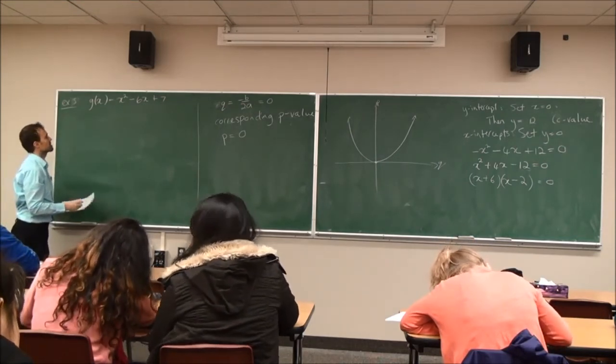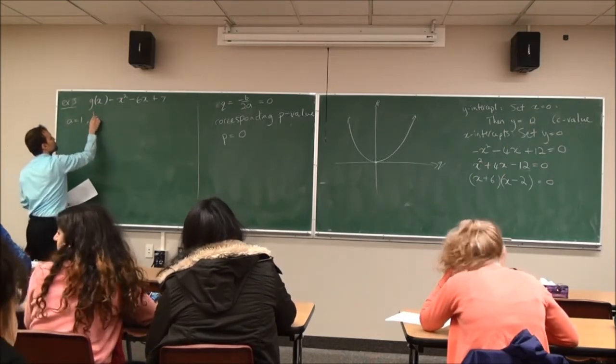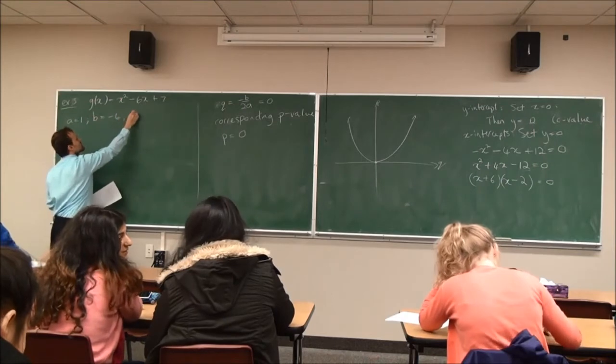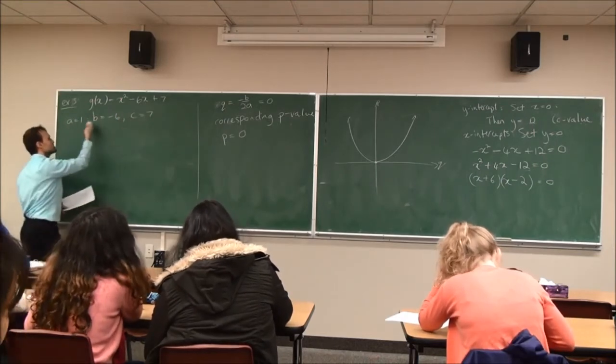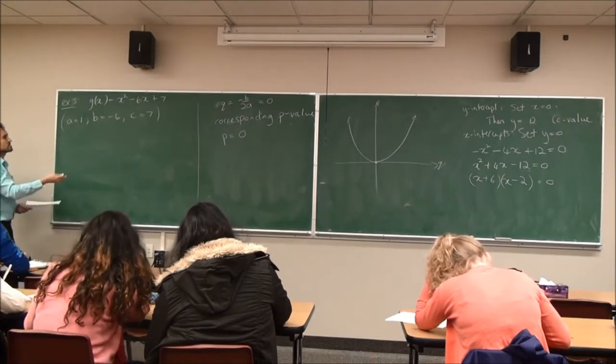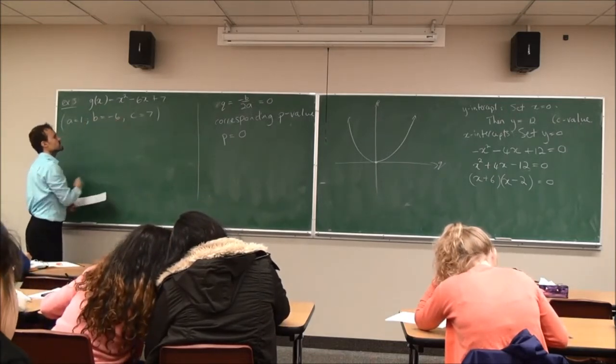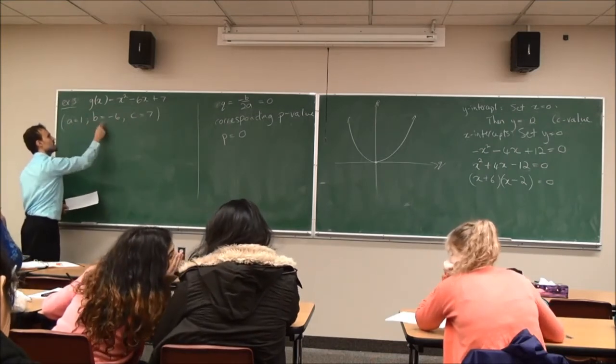It doesn't have to be a perfect sketch. A is equal to 1, b is equal to -6, c is equal to 7. So I just do that for my own sake, because the axis of symmetry is easier if I can just read it off.